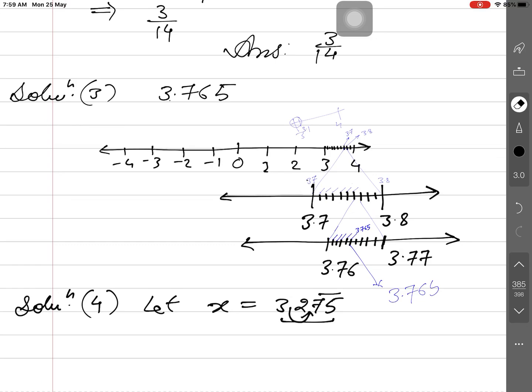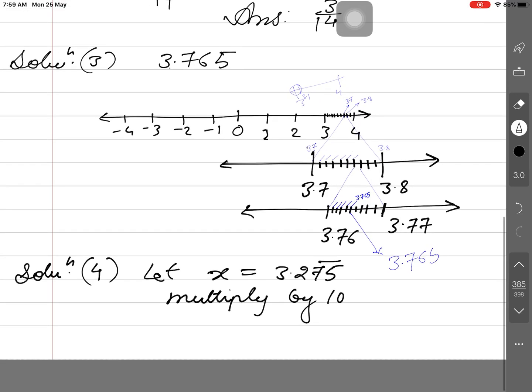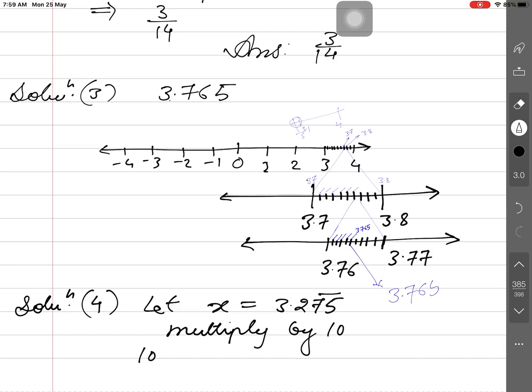So how can we shift it? It's very simple. One position is to be shifted, so obviously we multiply by 10. Multiplying by 10, we get 10x is equal to 32.75 bar. Is that clear?